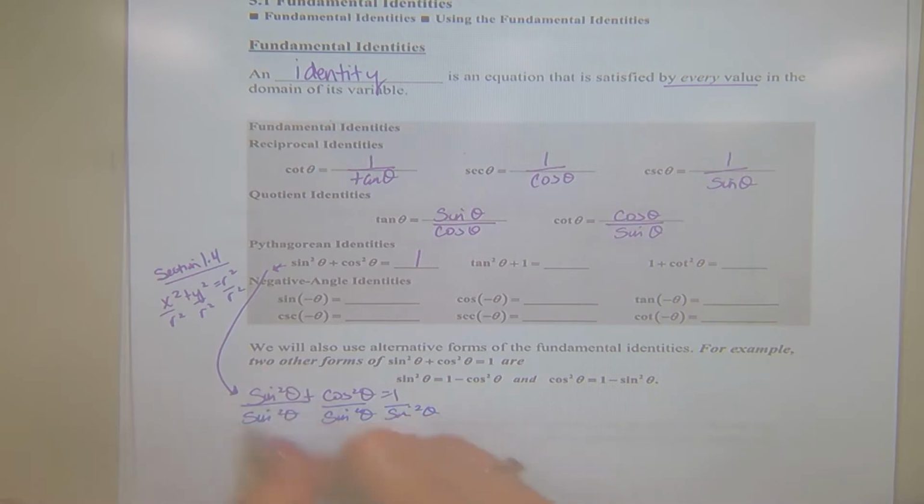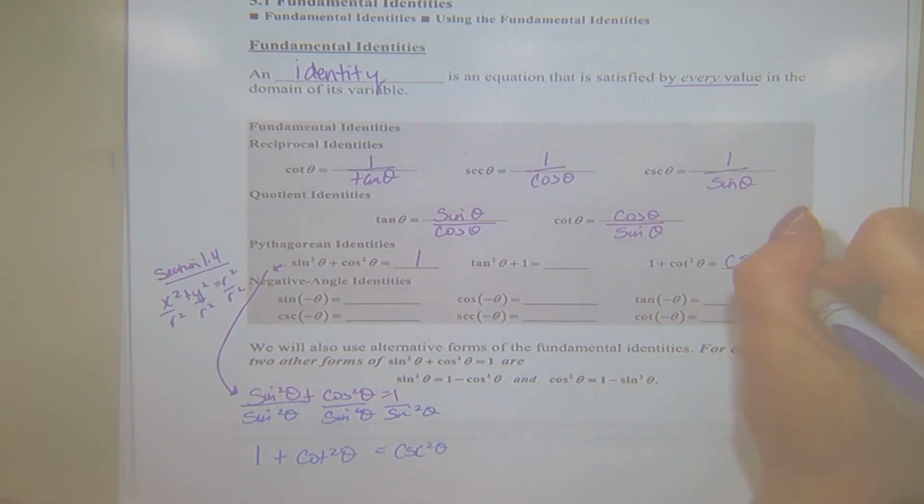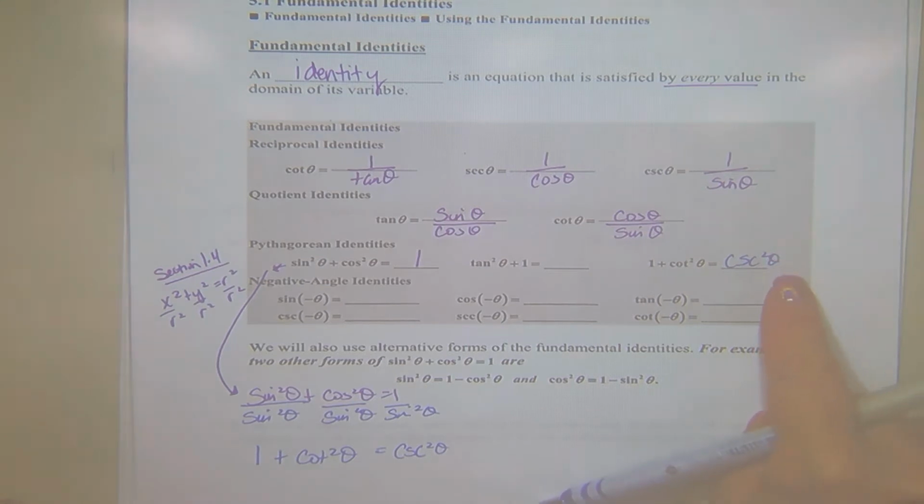When I do that, sine squared over sine squared is 1, plus cosine squared theta over sine squared theta is cotangent squared theta, and then 1 over sine squared theta is cosecant squared theta. So that is this 3rd Pythagorean identity.